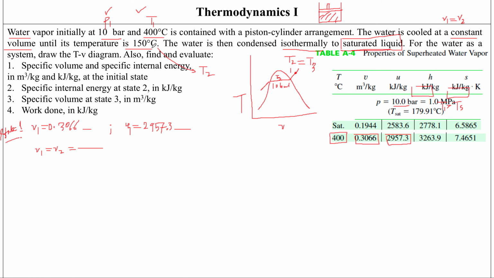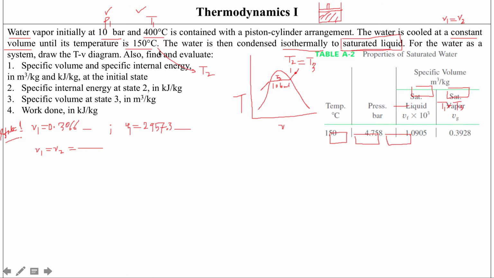Now I have to go to table A2 because I've got temperature given to me, not pressure. In table A2, I'm going to spot the temperature, which is 150 degrees, and across this temperature, first I'm going to spot what the pressure is, which is 4.758.